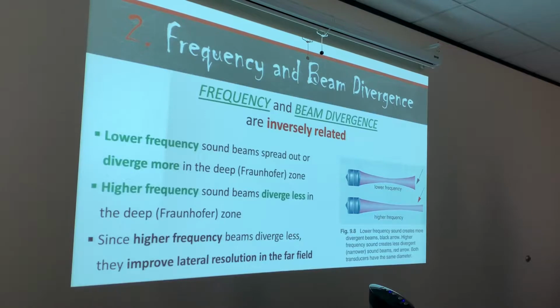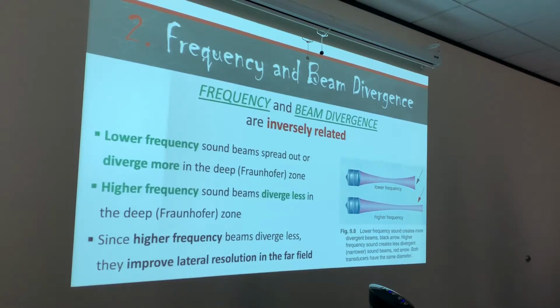That doesn't change. The inverse relationship is that the beam is going to spread out more, more divergence, with lower frequency and smaller diameter transducer.